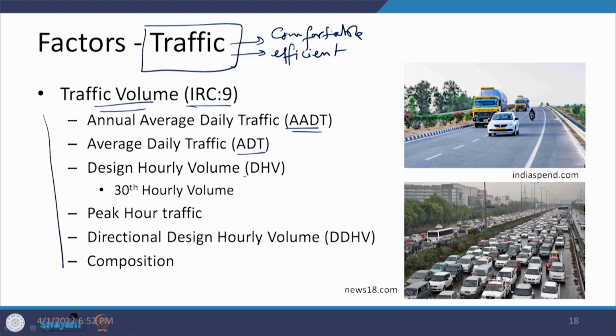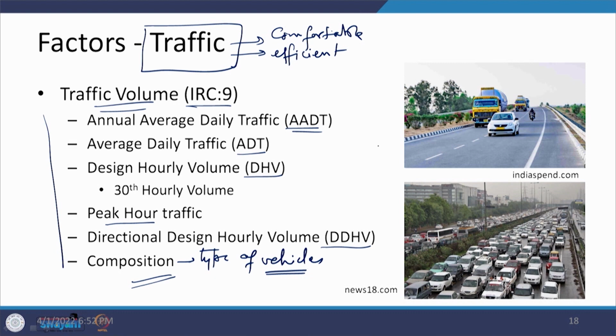We may talk as a design hourly volume. We may be considering the peak hour traffic. We may be putting one more D in front of DHV, and that becomes a directional design hourly volume. We will also be looking at the composition of the traffic in terms of the type of vehicles which are there in the traffic stream.